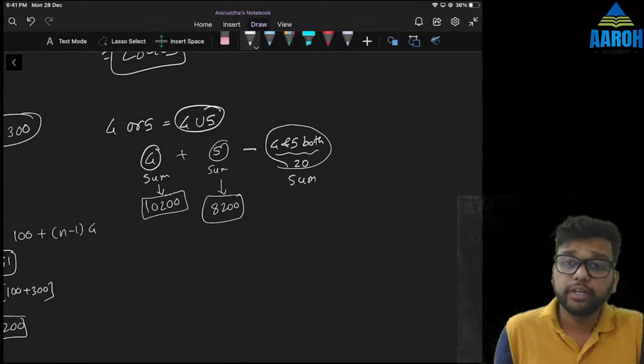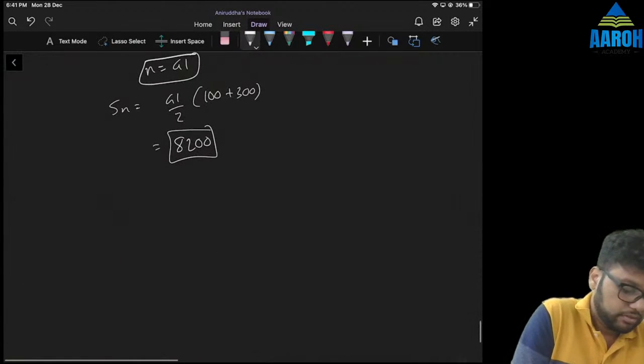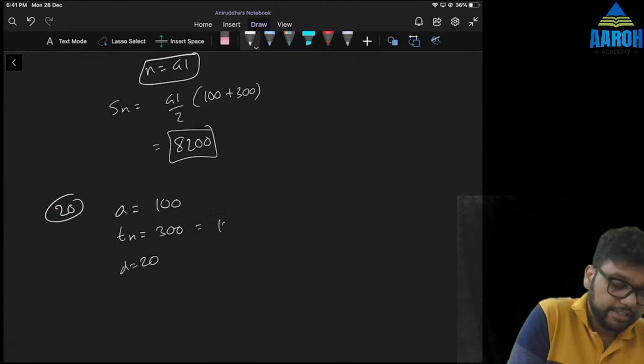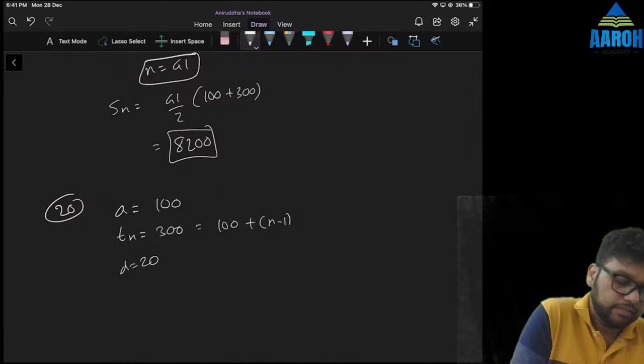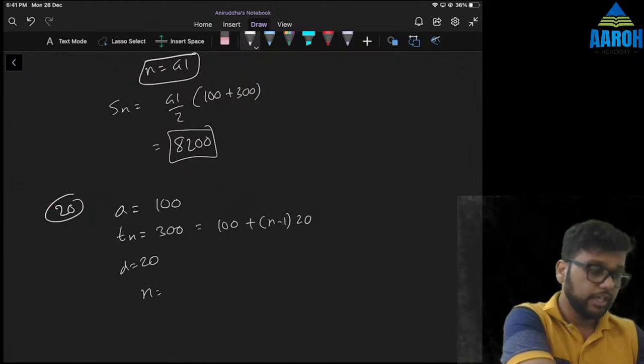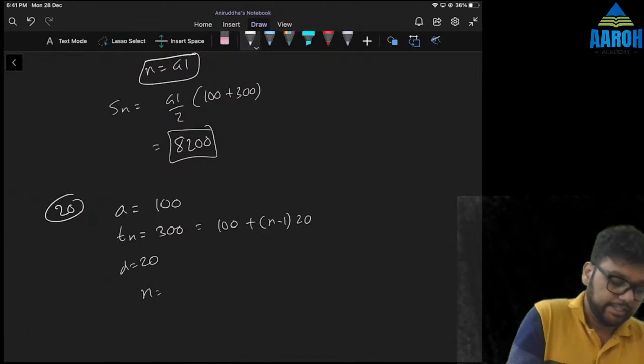So this is 8,200, and now 20. Again first term is still 100, last term is still 300. Common difference is now 20. So Tn is a plus n minus 1 into d. So let's find n. n will be 300 minus 100 divided by 20 plus 1, that is 11.